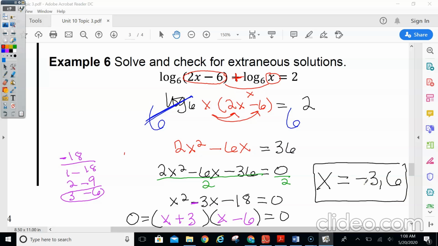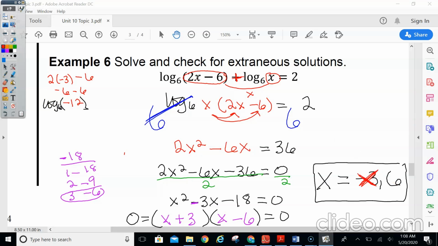If I plug in the negative 3 here, 2 times negative 3 minus 6, 2 times negative 3 is negative 6, and I get negative 12. So log base 6 of negative 12 I cannot have, because the inside number can't be negative. So I throw this one out.